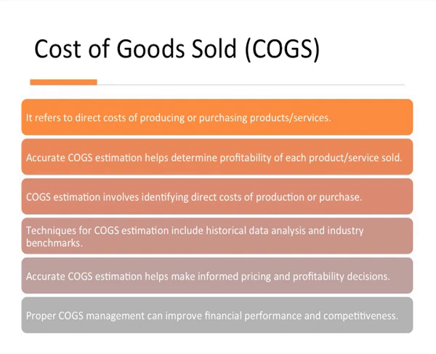They can ensure that they are pricing their products or services appropriately and can identify opportunities to reduce costs and improve margins. It identifies the direct cost associated with producing or purchasing each product or service. These costs include materials and supplies, labor costs, overhead costs, equipment and maintenance cost. And to estimate cost of goods sold, businesses may use a variety of techniques, which includes historical data analysis, industry benchmarks, and cost accounting systems.